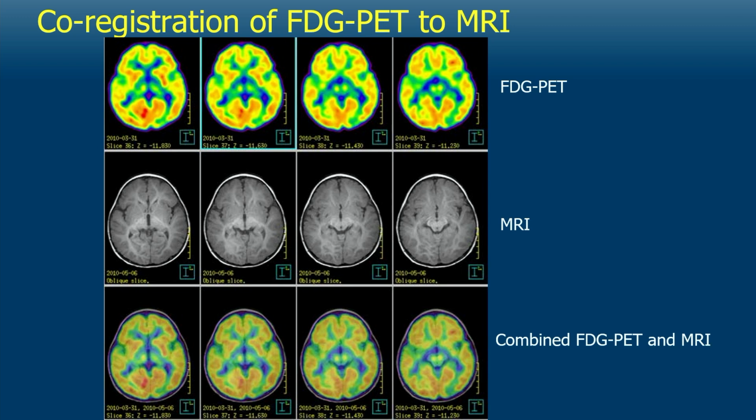We want to correlate that the PET abnormality corresponds to where the MRI abnormality is, or if the MRI is considered normal, we will go back and re-review those areas specifically, look at them in further detail to see if we can find a lesion there.